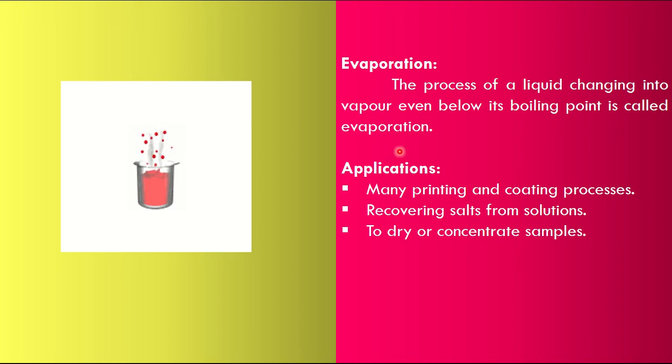So this process is known as evaporation, and the applications are mainly used in printing and coating processes, also used to recover the salts from the solution and also used to dry or concentrate the sample. So it is a simple technique of conversion of liquid into vapor by heating it below boiling point.